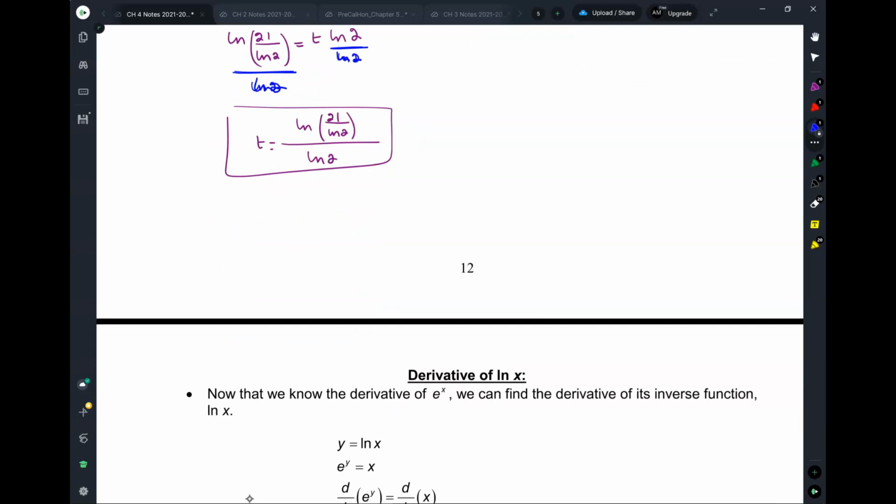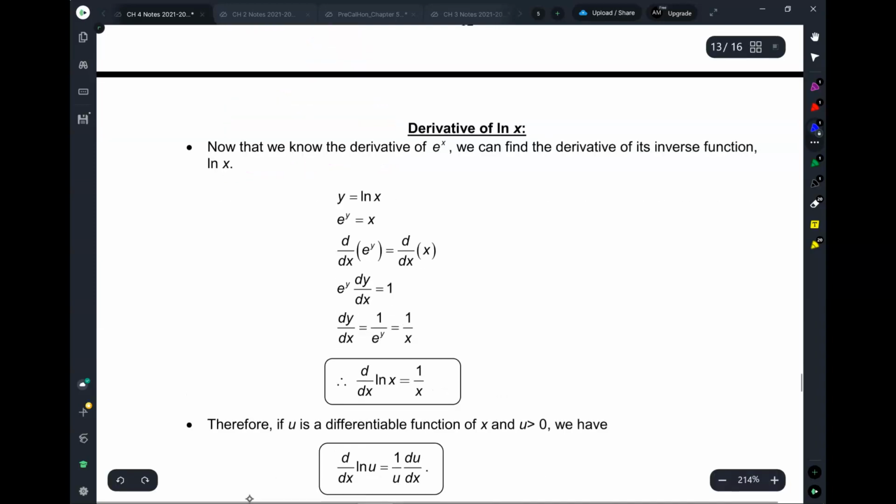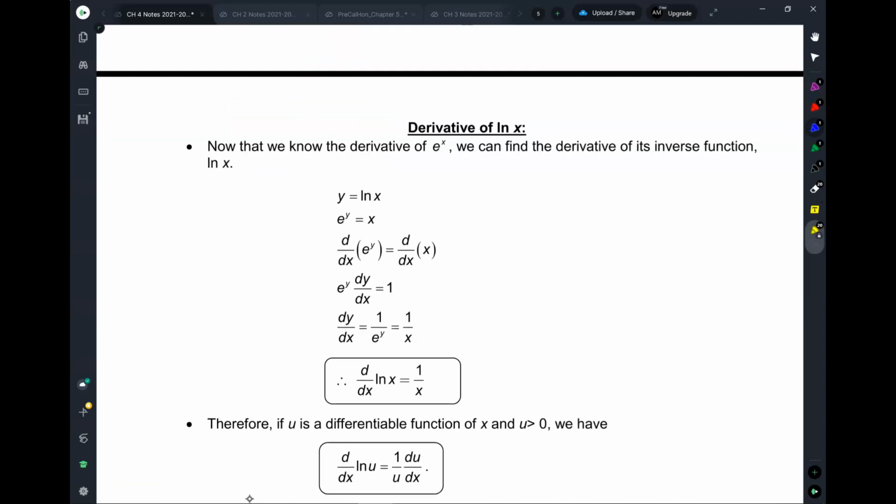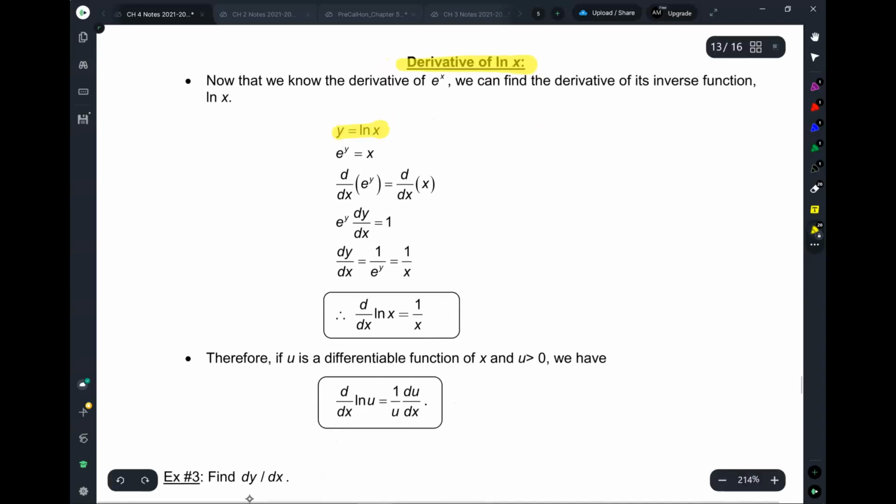Okay, so we did derivatives of e to the x and a to the x. Next, derivative of ln of x. If you have y equals ln of x, in order to do anything to it, we first say e to the y equals e to the ln of x.